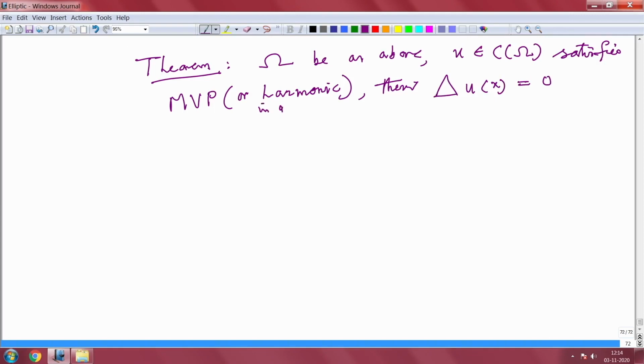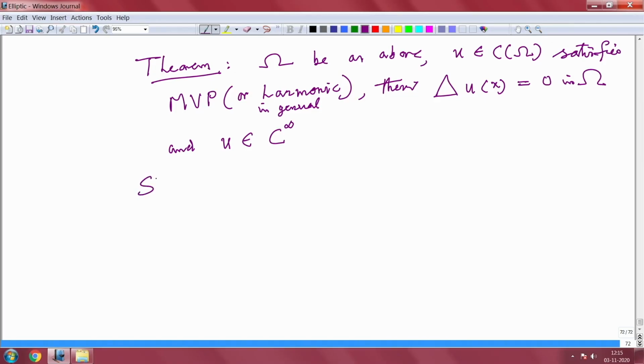With the mean value property in omega, u is C infinity. This is the one I skipped. You should start with a continuous function and then define the mean value property. If it holds the mean value property, then u is C infinity and you get Laplacian of u equal to 0.